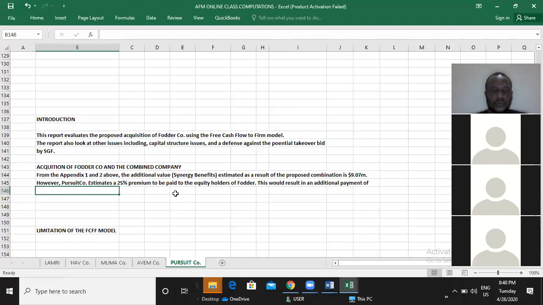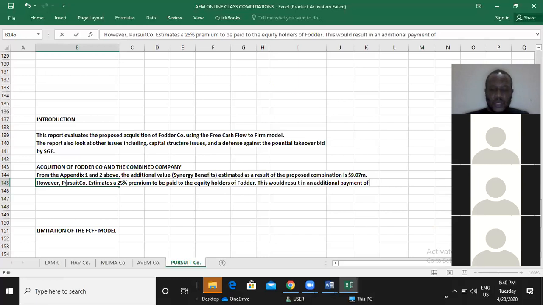So what is the total value of the company? 40 million. That's just going to be messy now.